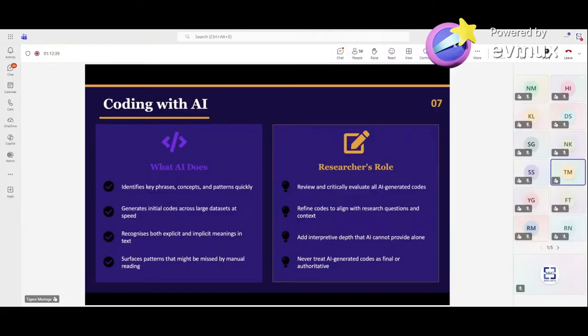So instead of you being immersed in the process of color coding the data, reading each and every sentence in your data, you can familiarize yourself with your data by generating summaries from the data that you've run on ChatGPT, right? So you command ChatGPT to say, let's familiarize ourselves with the data.